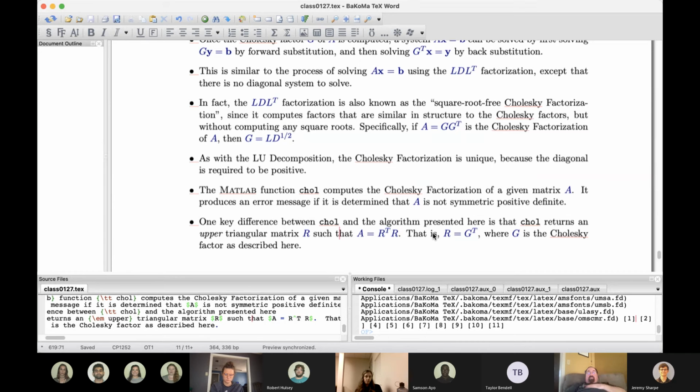So if you call chol to get the Cholesky factor of A, it's going to give you R, and then you'd have to transpose that if you really wanted G. No big deal, it's just a difference in notation conventions, but something I want to make you aware of in case you end up actually using the function. Different books just use different approaches to writing it.